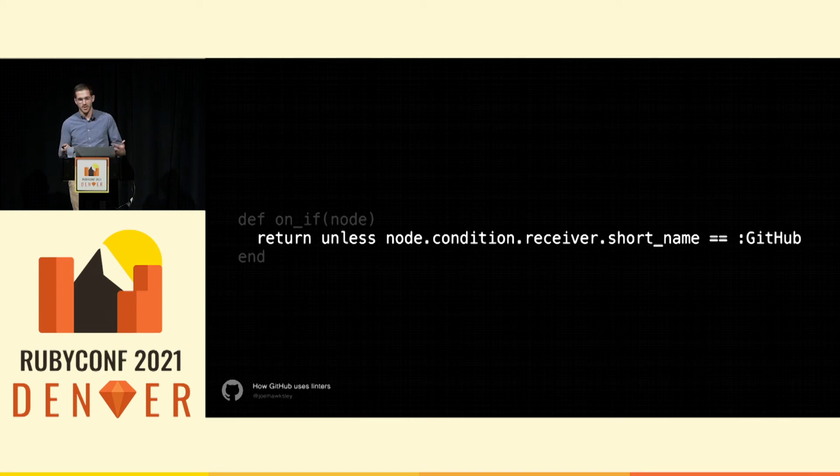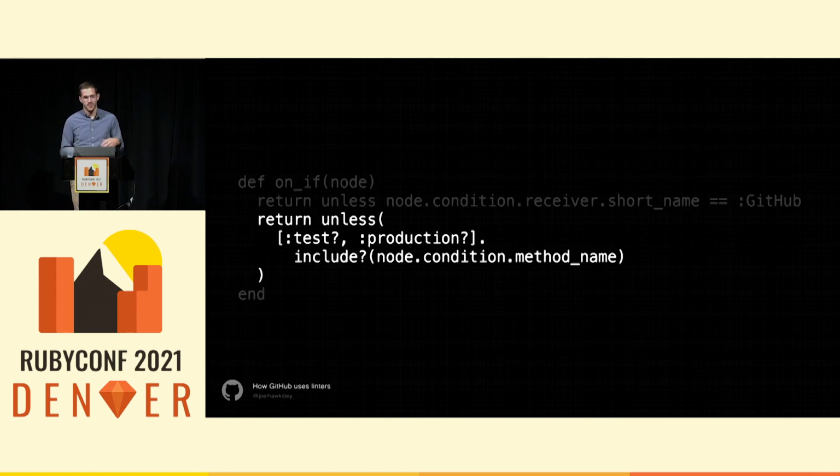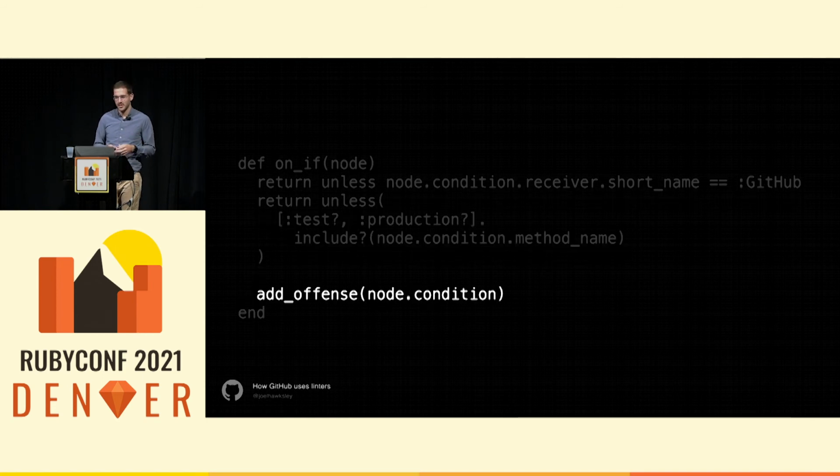So we'll add an early return unless, we're basically just copying from the debugger right at this point, saying that we'll return unless the short name of the receiver is GitHub, and we'll add another early return unless the node's condition is test or production. And then if we get past both of those, we'll add an offense specifically to the node's condition, which you'll see more about in a sec.